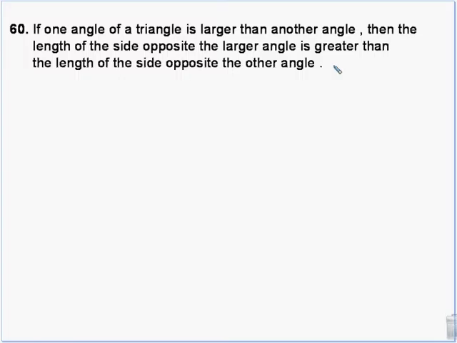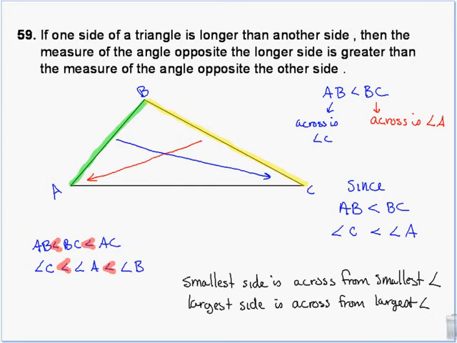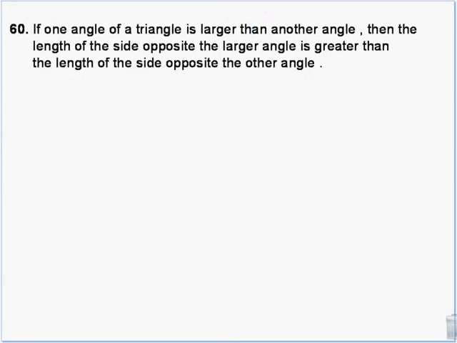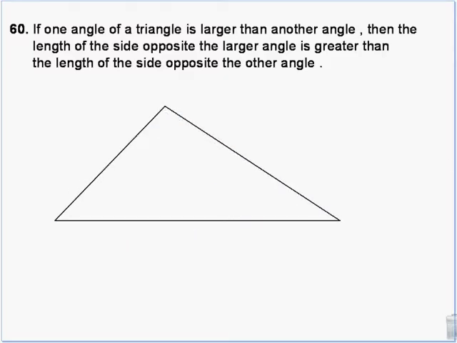Now we have the angles. So what we did here is we talked about sides leading to angles. This is the same thing, it just goes backwards. So here, let's say same triangle, ABC, and let's say angle A and angle C. We will say angle A is probably 38 degrees.